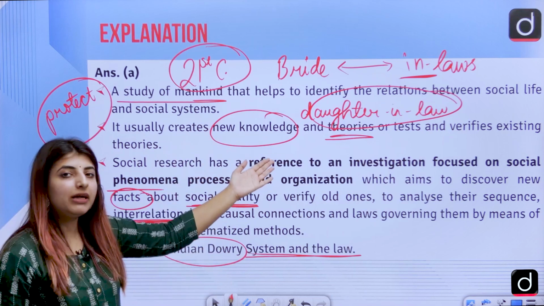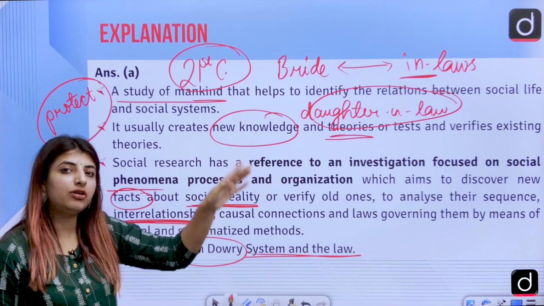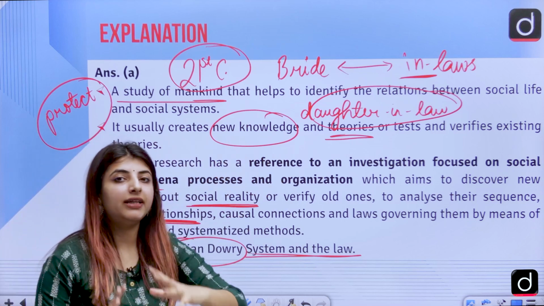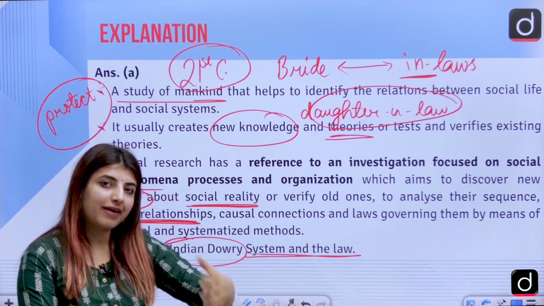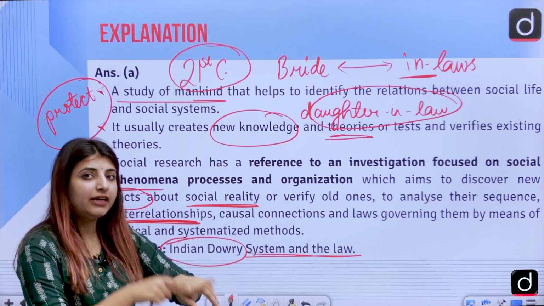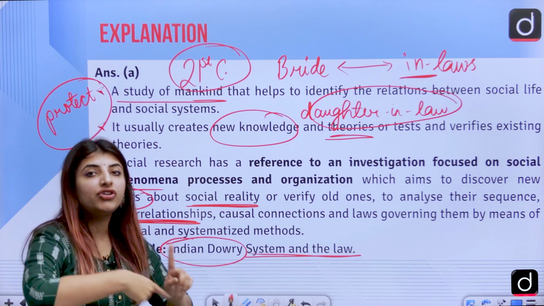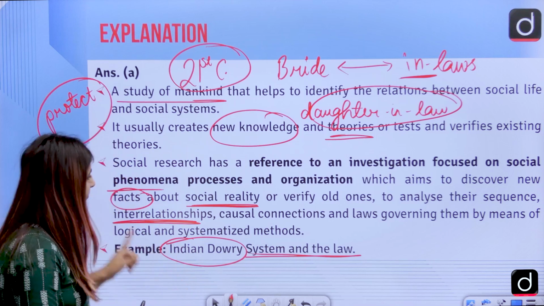So here we see an interrelationship between the amount of dowry a girl has brought into the family of her in-laws, and how it has affected her social relationship with them.